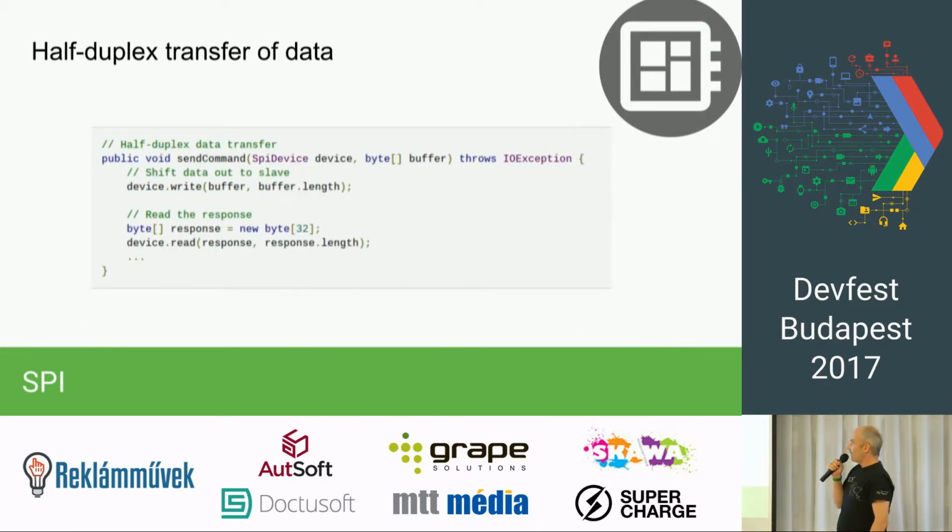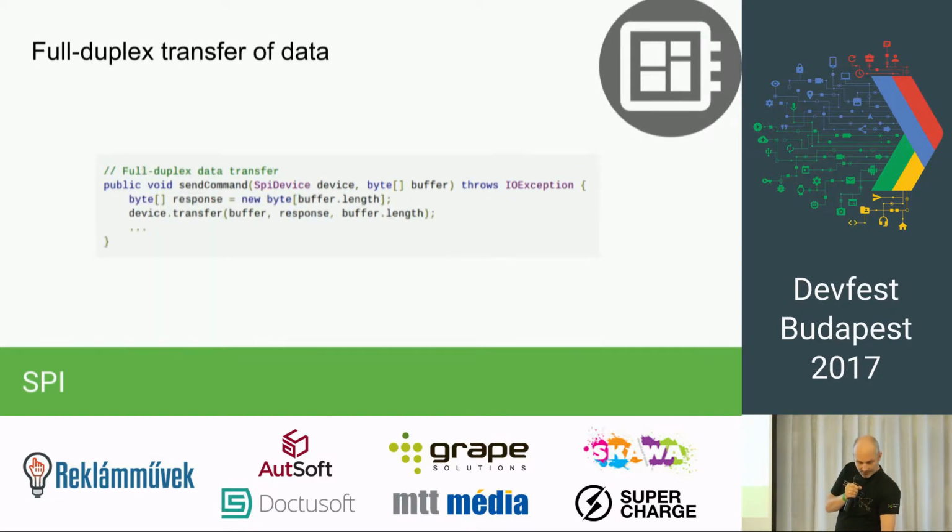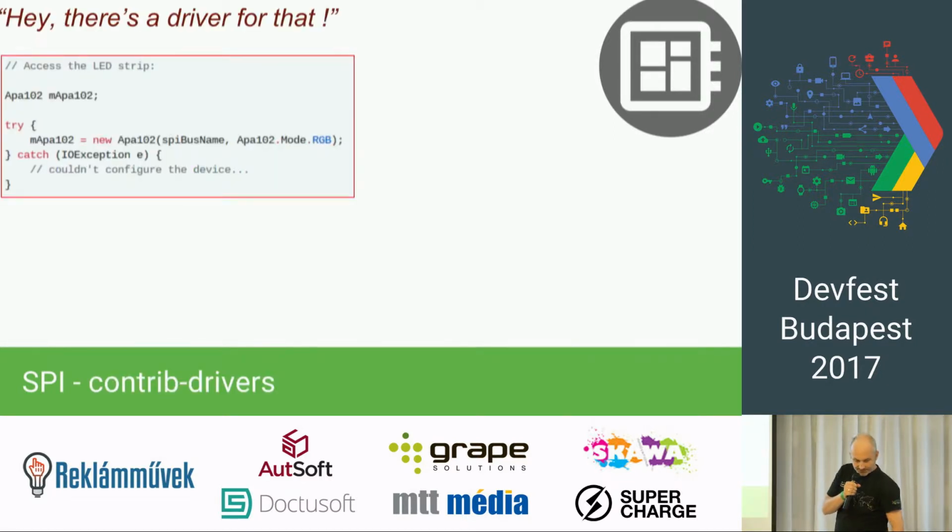Once you have the device, you can send commands, and it's half duplex and full duplex. And yay, there's a driver for that. There's an LED strip that we have, and it's accessible over SPI. So maybe you should have used this one. Probably. Then you could have done it using the Android Things platform only.